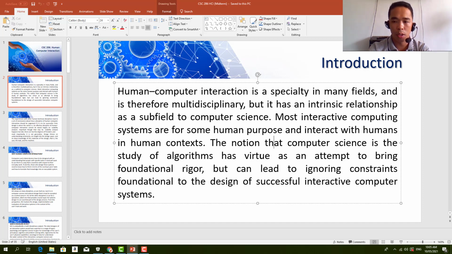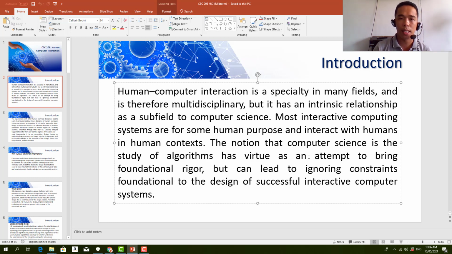The notion that computer science, the study of algorithms, has a virtue as an attempt to bring foundational rigor can lead to ignoring constraints foundational to the design of successful interactive computer systems, because we as IT and computer science students always aim at developing systems that are very useful, meaning systems where users can interact with them very well.